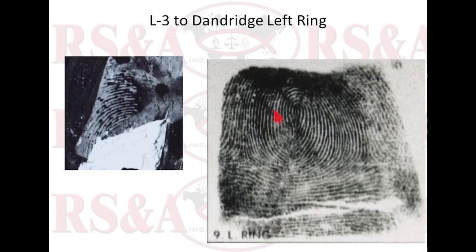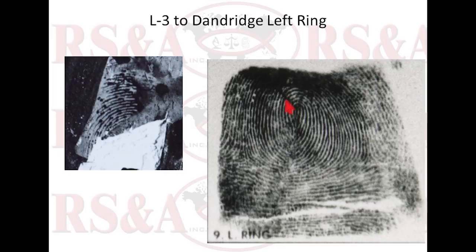The most agreement that you can get between these two impressions is if you take this feature and you carry it over to this feature, and then you go in 4 ridges, 1, 2, 3, 4. You can see maybe if that's an ending ridge, and then the ridge down below it is a bifurcation, we're in a distorted area.